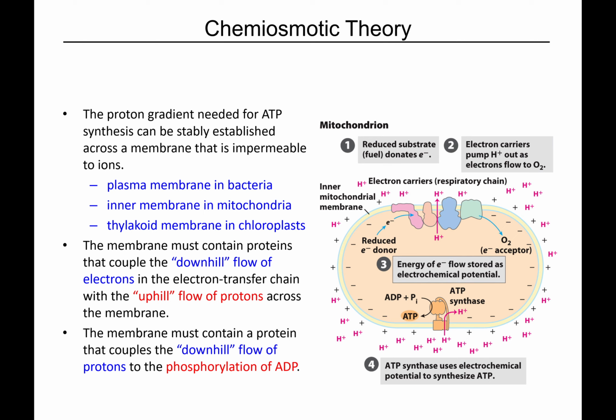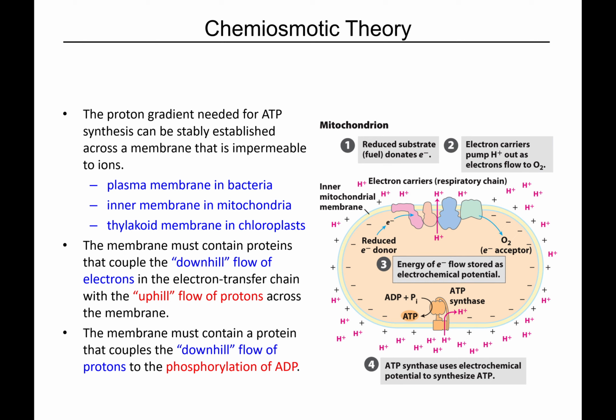And the idea is that we produce ATP using this enzyme ATP synthase, and the energy used to drive the synthesis of ATP comes from this proton gradient across this impermeable membrane. Okay, so the inner membrane of the mitochondria, or the plasma membrane in bacteria, or the thylakoid membrane in chloroplasts. Like, the idea is that these are impermeable membranes to protons, okay?